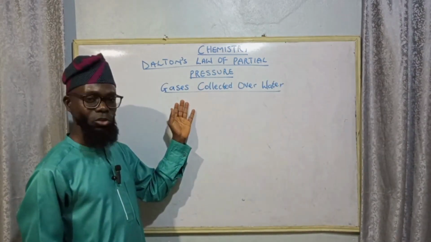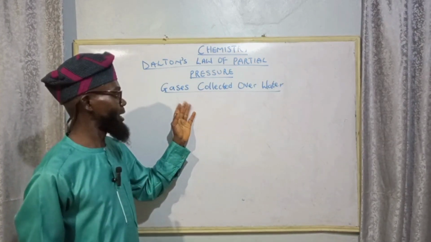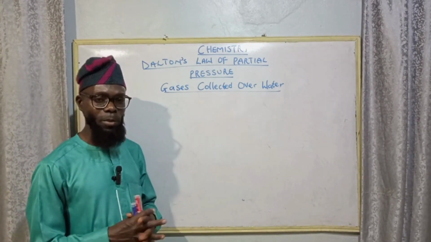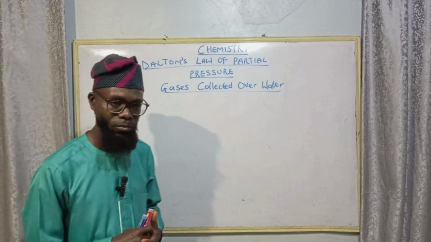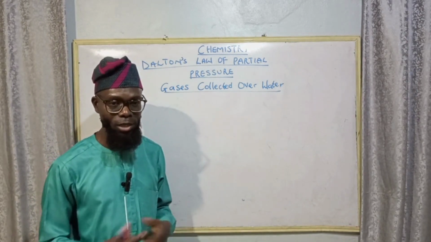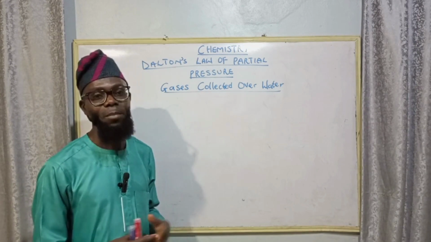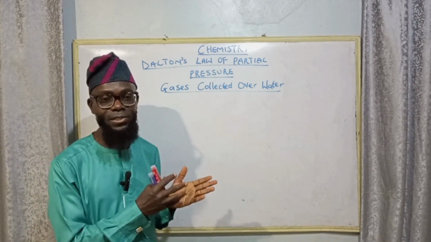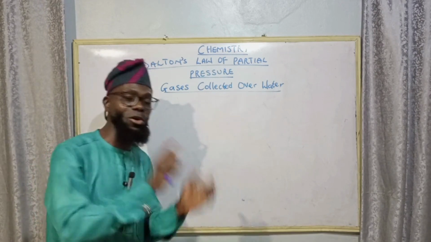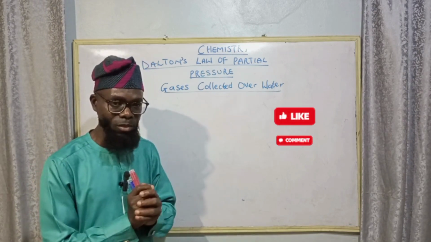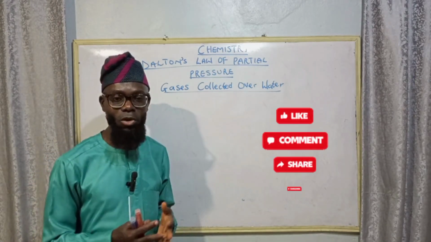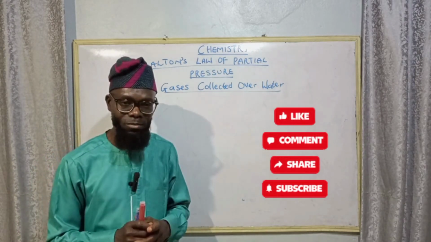Let's look at the next subtopic, gases collected over water. During the preparation of some gases like hydrogen, chlorine, oxygen, and many other gases like HCl, after the production of these gases, they have been collected over water. When these gases are being collected over water, they become wet.